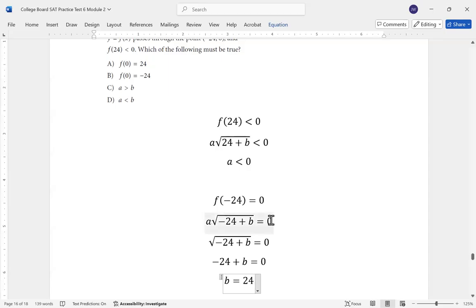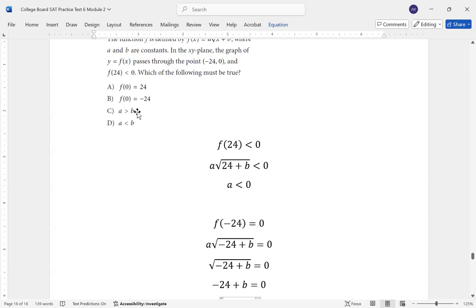And so now we have two properties, one that says a is less than 0, and the other says b is 24. So a is negative, b is 24. And if we look at our options, options C and D tell us about a and b in relation to each other.